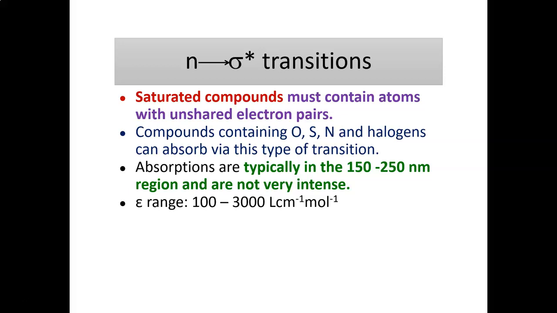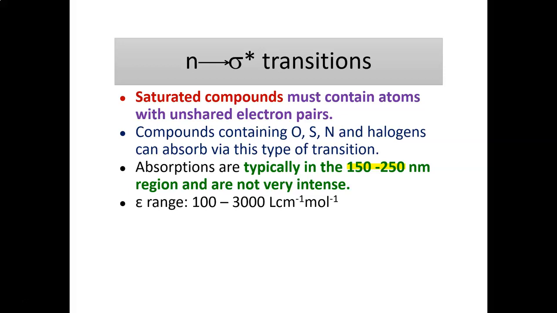This is the second one, n to sigma star transition. This happens for saturated compounds that also have a heteroatom, or unshared electron. Compounds containing a heteroatom absorb in the range of 150 to 250. So note the types of electron transition and also the wavelength region.